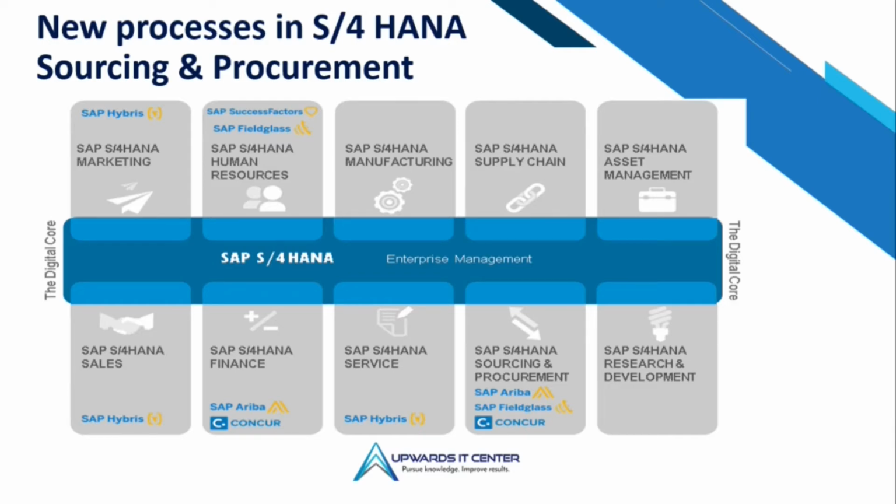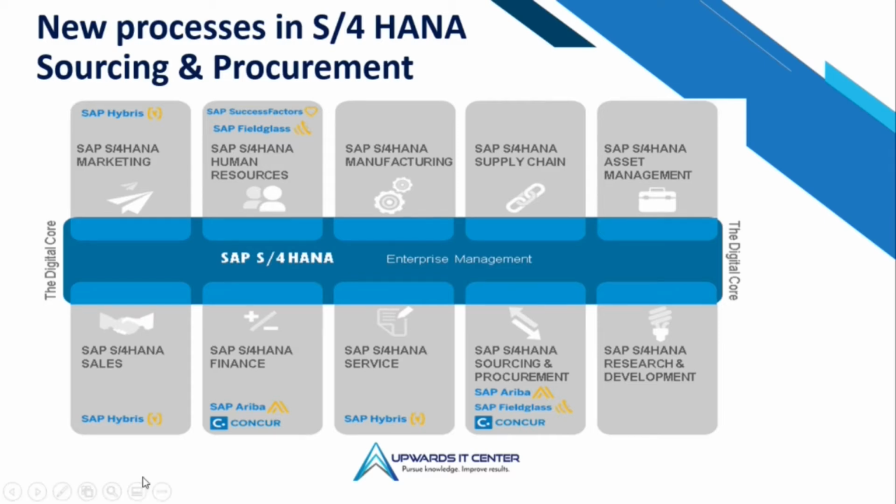The lines of business solutions are SAP S/4HANA Marketing, SAP S/4HANA Human Resource, SAP S/4HANA Manufacturing, SAP S/4HANA Supply Chain, SAP S/4HANA Asset Management, SAP S/4HANA Sales, SAP S/4HANA Finance, SAP S/4HANA Service, SAP S/4HANA Sourcing and Procurement, SAP S/4HANA Research and Development.